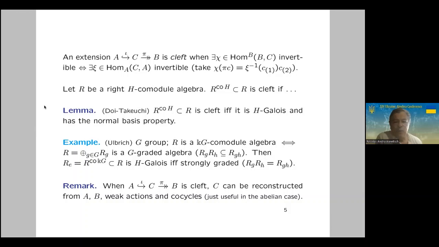The example that we will use later is a remark by Ulbrich saying the following: if you have a group G and R is a KG comodule algebra, this is equivalent to saying that R is a G-graded algebra, and R is H-Galois over the coinvariants. The coinvariants are the homogeneous component corresponding to the trivial element, the unit.